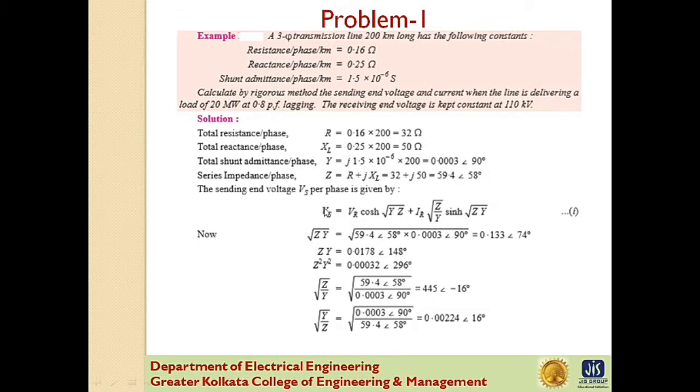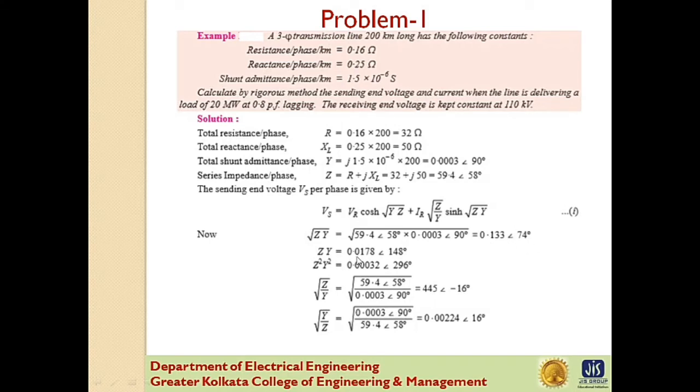Now the formula for sending end voltage is equal to VR cosh root over YZ plus IR root over Z by Y sinh root over ZY. Now root over ZY, multiplying the values of Z and Y, we get root over ZY equal to 0.133 angle 74 degree.